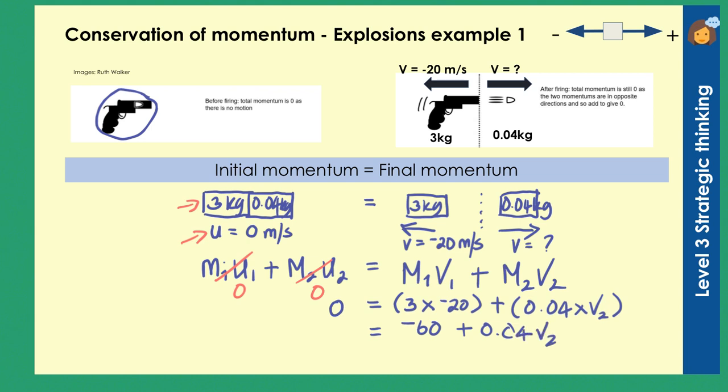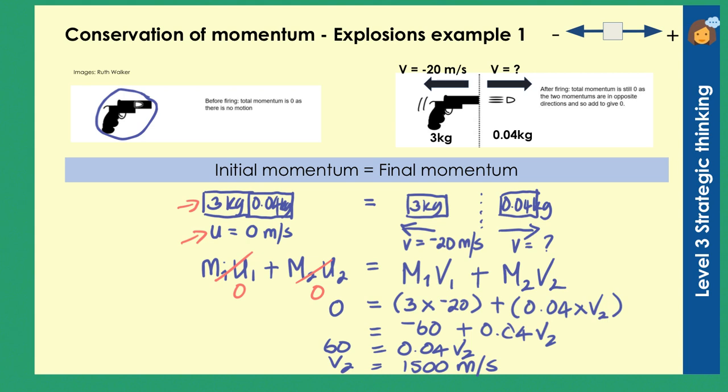Then if we take minus 60 over to the other side, we've got 60 is equal to 0.04 v2. And v2, in this case, when we rearrange the equation, is 1,500 meters per second. That is the velocity of the bullet.